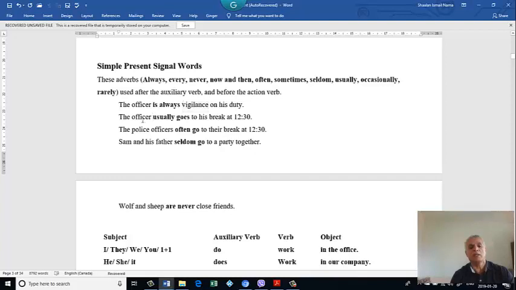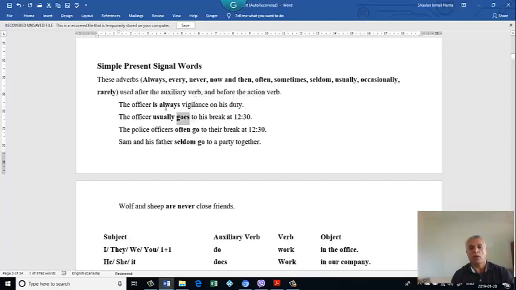But if we look at the second sentence, same subject, the officer, usually is the adverb used. Then I have the action verb goes. That's my action verb.